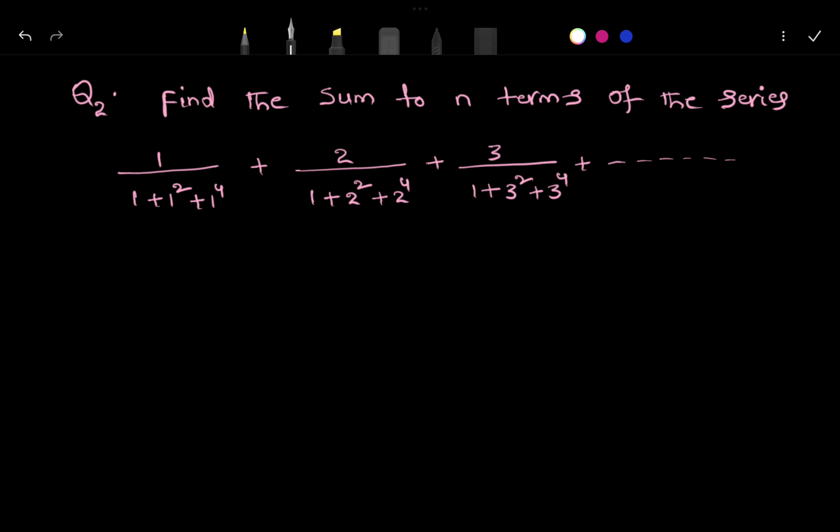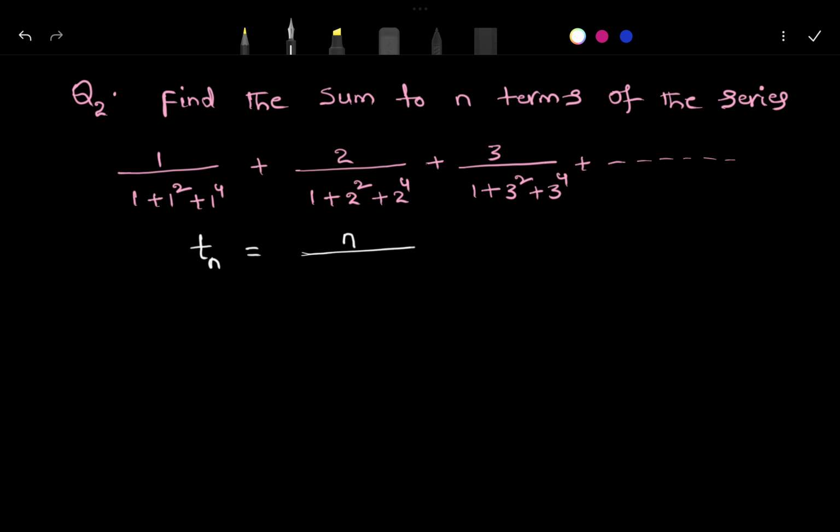First of all, you have to find the last term, the nth term. So the nth term Tn is equal to, by observing the given series, the numerator values 1, 2, 3 and so on. So the last one will be the nth term, the numerator value is n, divided by the denominator value.